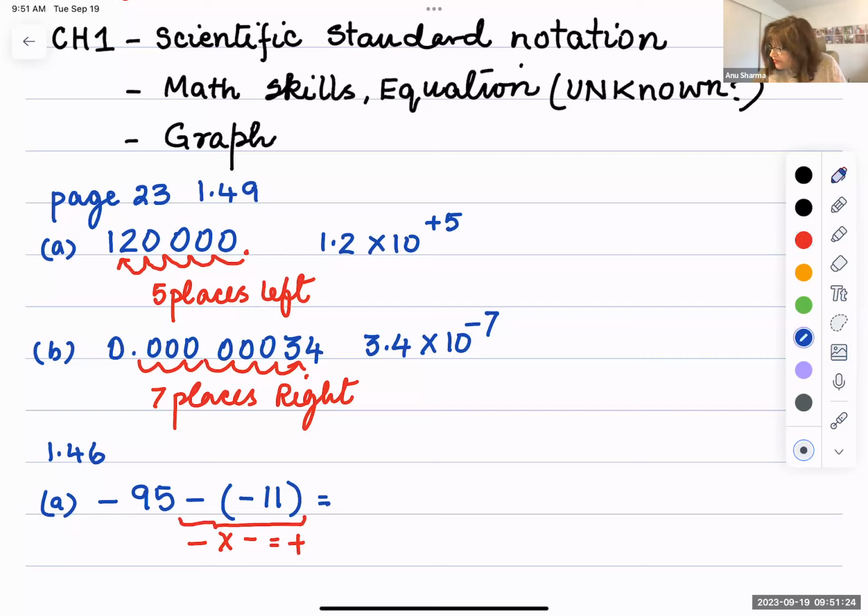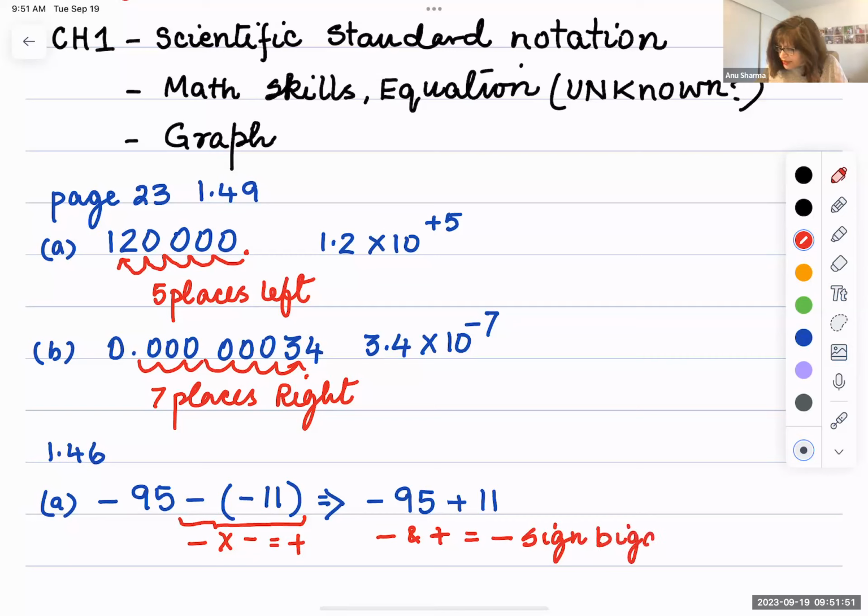So now you have negative 95 plus 11. The next rule is that when you add a negative and a positive number, the sign is always that of the bigger number. So in other words, 95 minus 11.